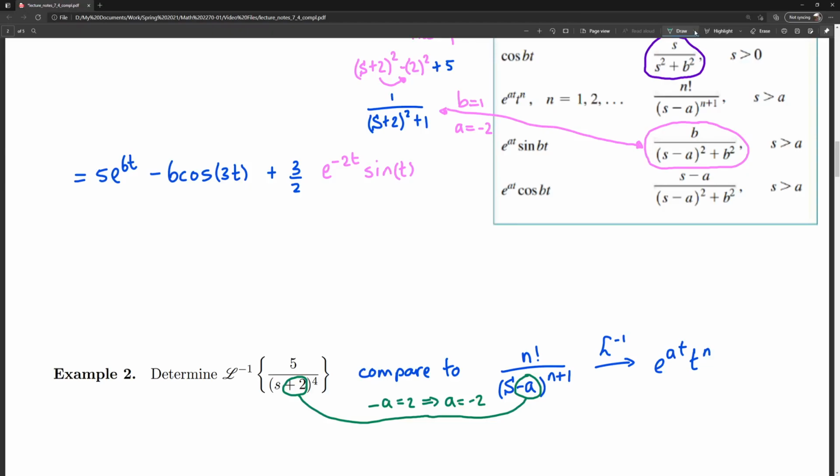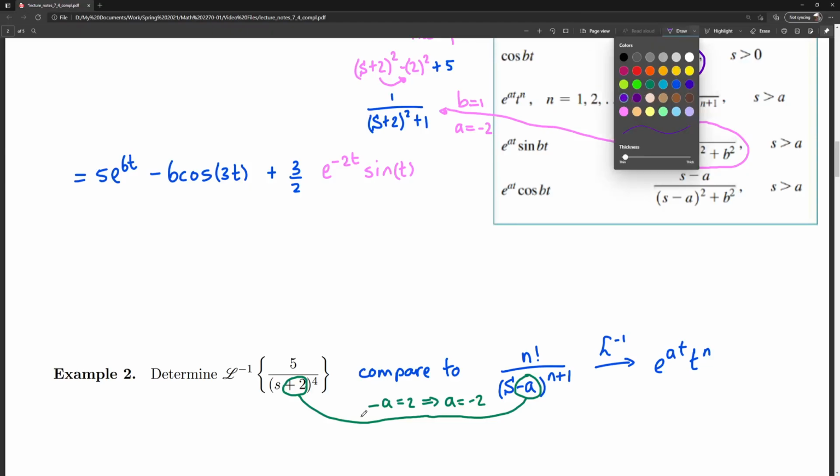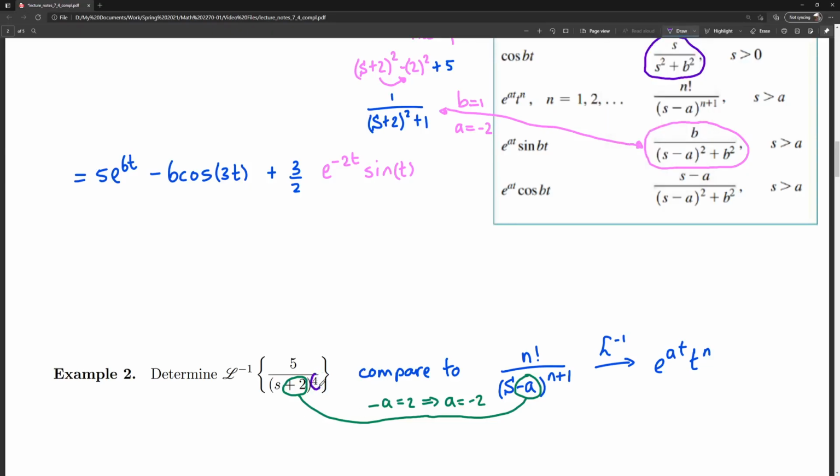Then the second part that we want to compare is the power 4, and we want to compare that with n plus 1. So we see that n plus 1 equals 4, and so n equals 3.